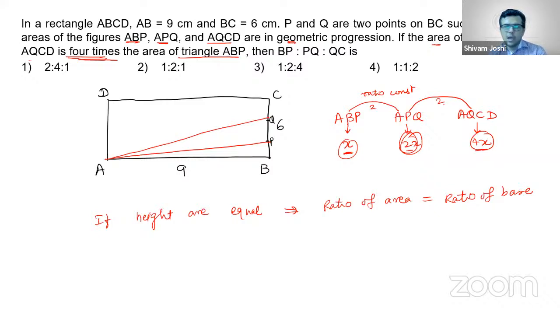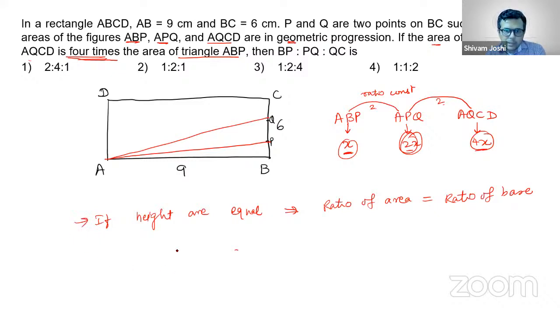So if you take height as constant, then area will directly vary as base, right? So base doubled, area doubled, base half, area half, and in whatever ratio you are taking your base, the ratio of area will follow the same, right?